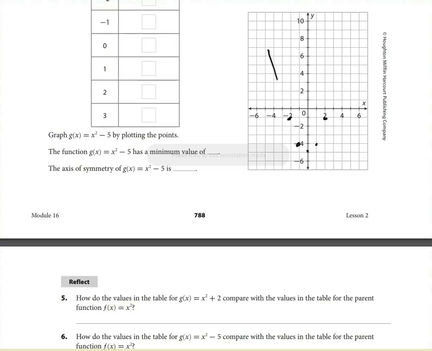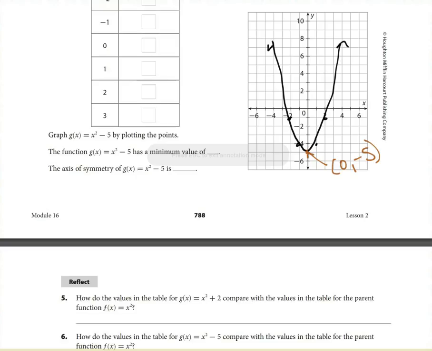Okay, and then it's asking, so again, just regraph that real quick, this transform function. And it says it has a minimum value. Well, the minimum value is occurring at the vertex. If we look at the coordinates of the vertex, that point right there is the point 0, negative 5.